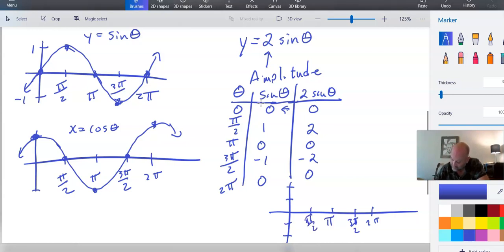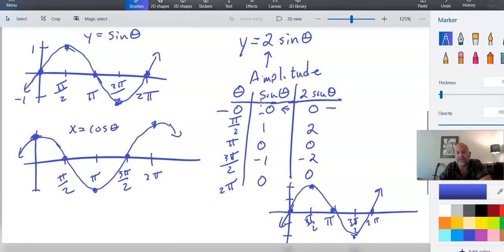If I'm looking at sine here, I still start at 0, 0, right? And then I go up to 2 at pi over 2, down to 0, and then down to -2 at 3 pi over 2. So what it does is it stretches it out. And that's how you piece it together.